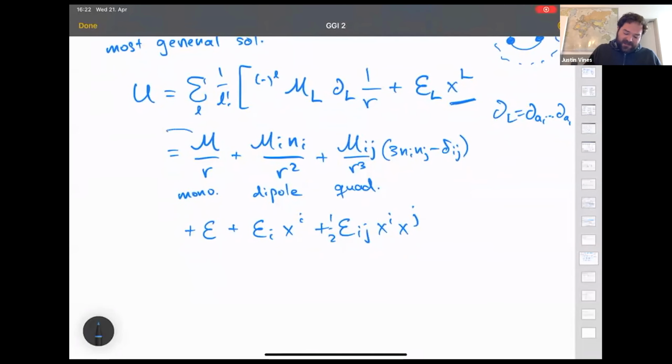These guys are the mass multipoles, and these guys are the so-called tidal moments.